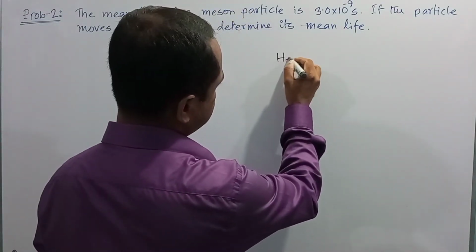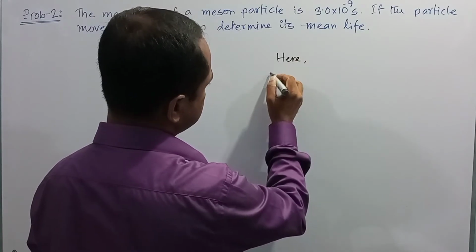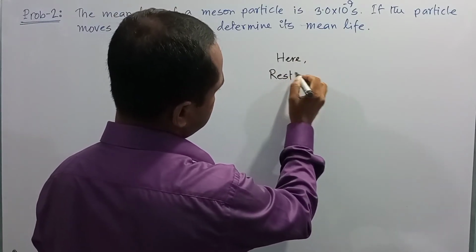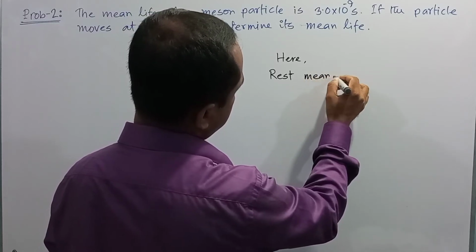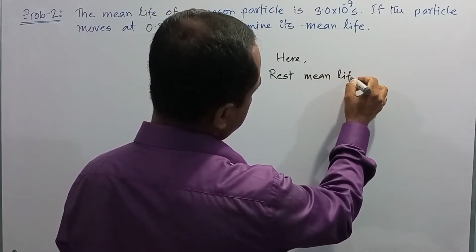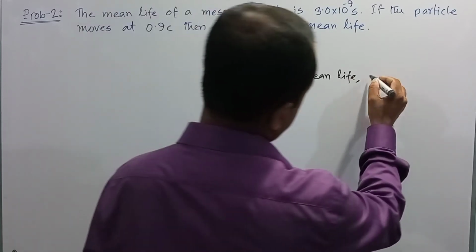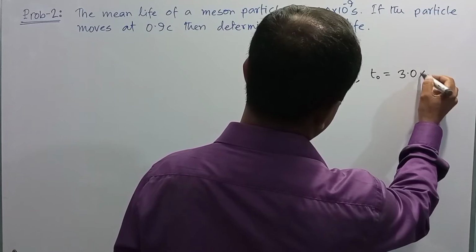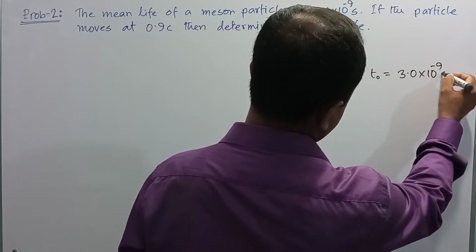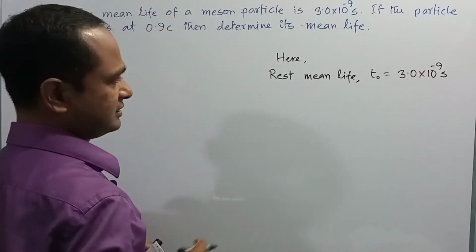Here the rest mean life T naught is equal to 3.0 into 10 to the power minus 9 second.